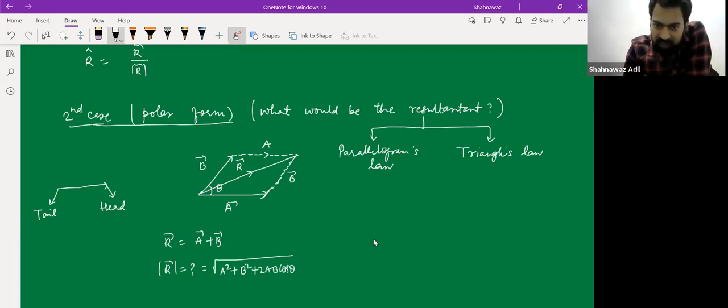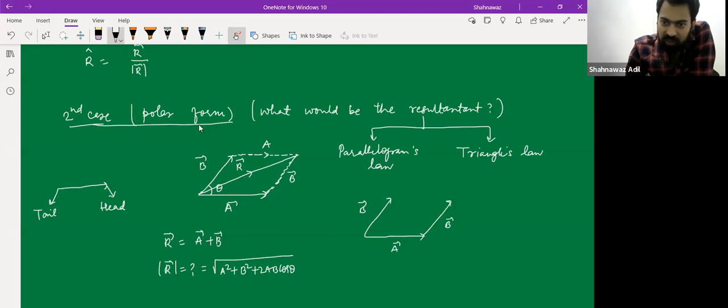And in the case of the triangle law, what do you do? So this was two vectors, b vector and a vector. You put the tail of this vector on the head of the other. Now this is the b vector, and this is the angle between a and b, so this is theta.